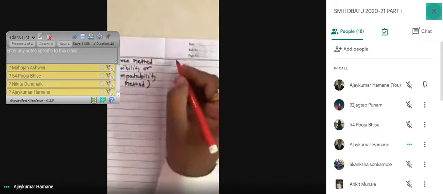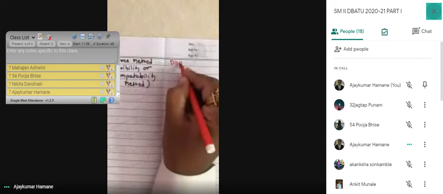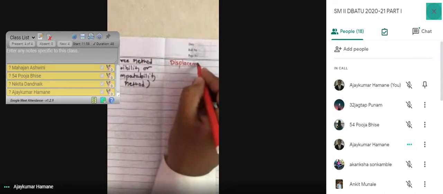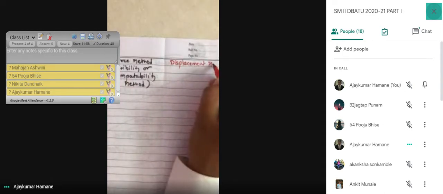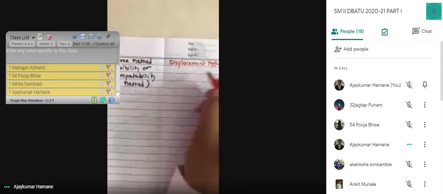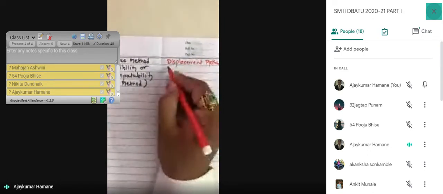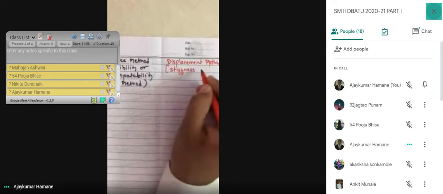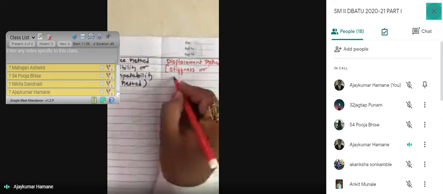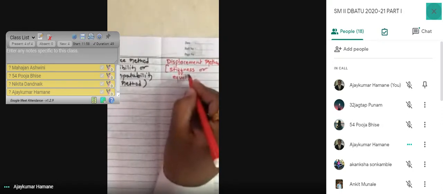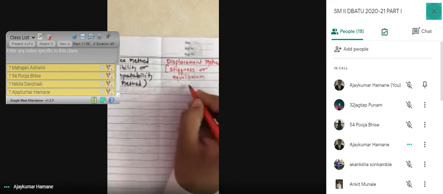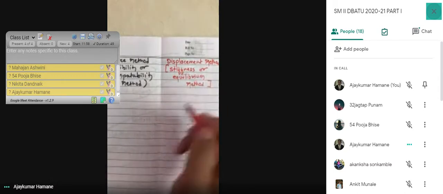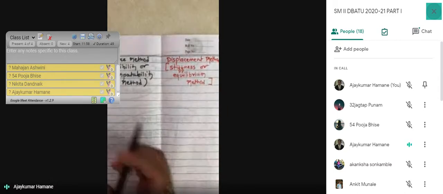Here I will write displacement method, in bracket I will write stiffness or equilibrium method. Okay, so we'll go one by one.